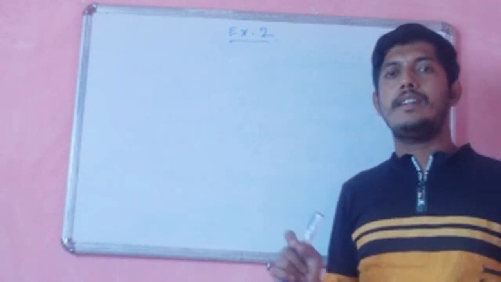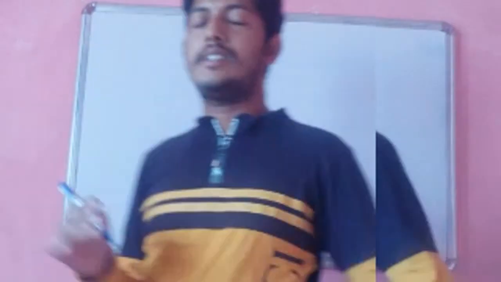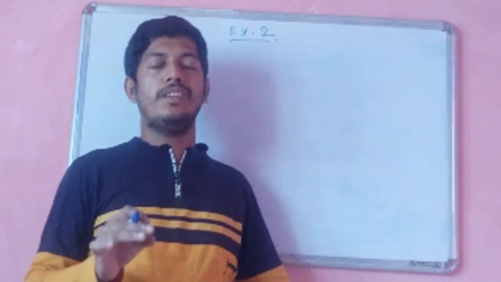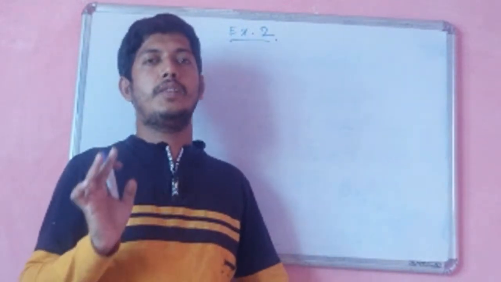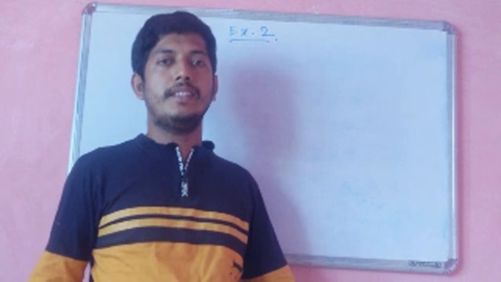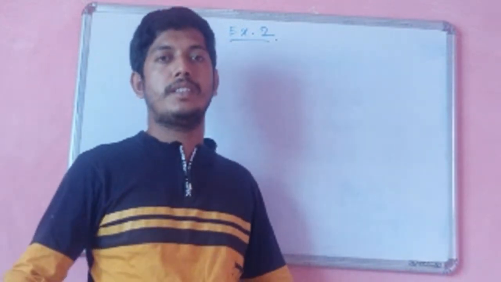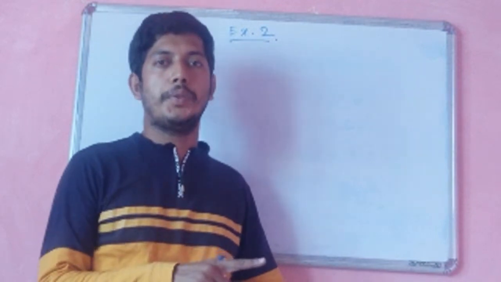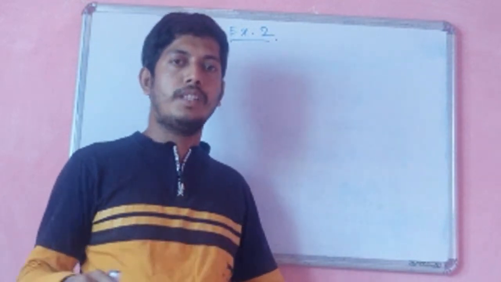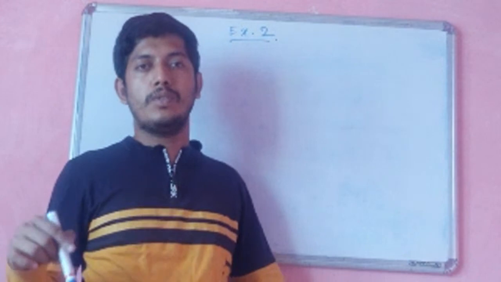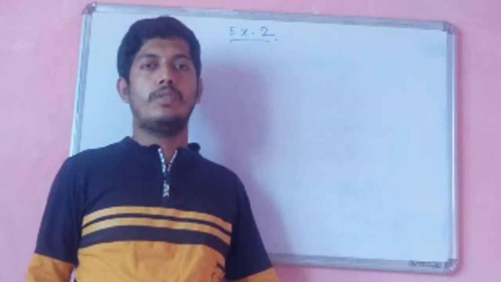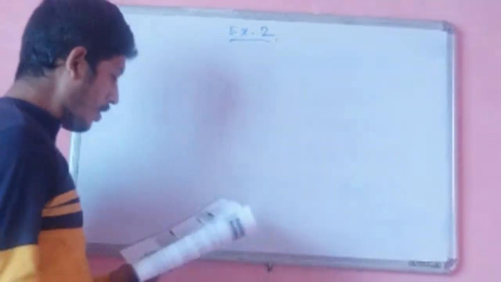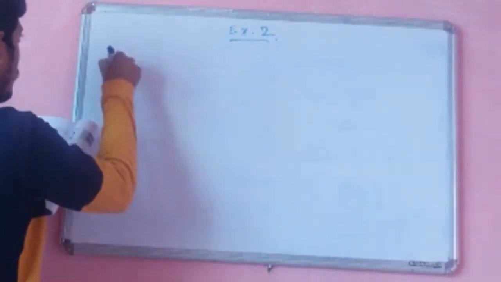If the end digit is 0 or 5, then it is divisible by 5. If the end digit is 0, 2, 4, 6, 8, then it is divisible by 2. If the sum of the digits is divisible by 3, then the whole number is also divisible by 3. If the sum of the digits of the given number is divisible by 9, then the given number is also divisible by 9.